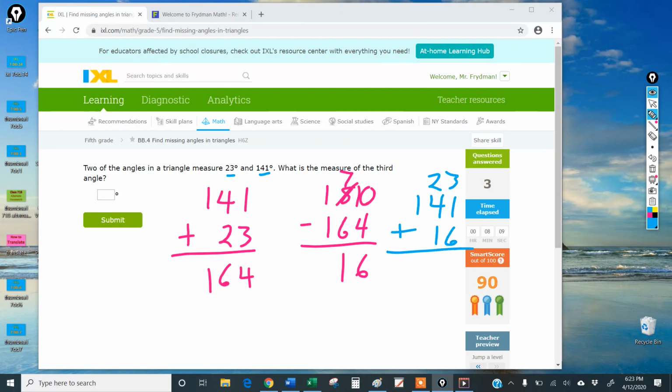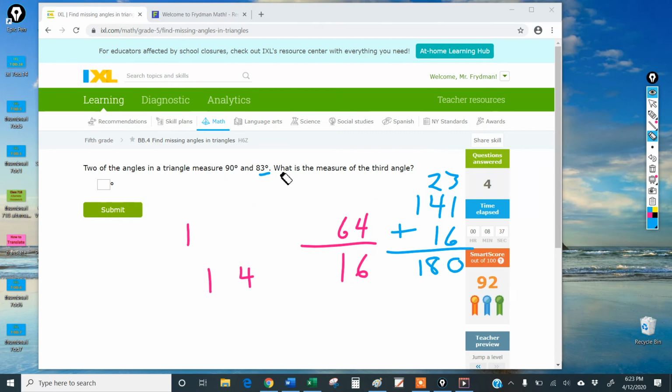If we just add all of those up, 3 plus 1 is 4, plus 6 is 10. Carry the 1. 1 plus 2 is 3, plus 4 is 7, plus 1 is 8, and the 1 there. Yeah, so again, we get 180 degrees. Okay, so it's just what number added to these two would give us 180 degrees. That would be 16 for this one.